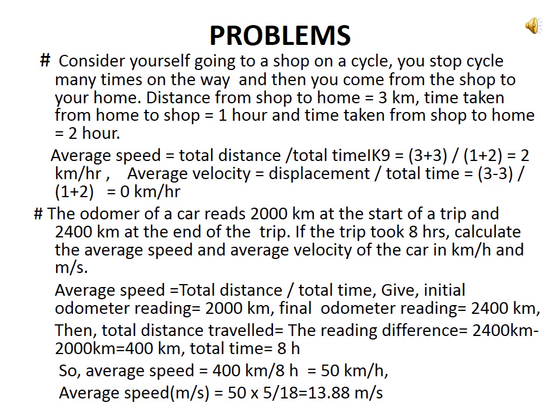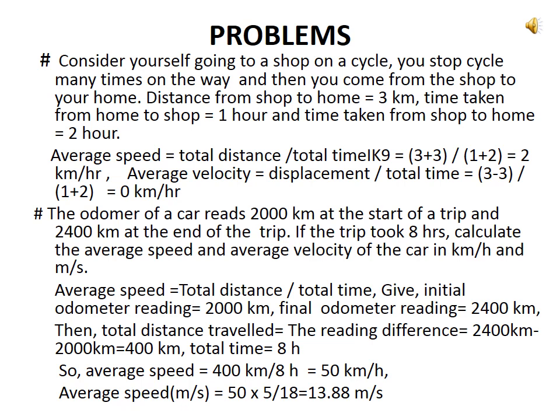Here we know average speed is equal to total distance divided by total time. Given initial odometer reading is 2000 km and final odometer reading is 2400 km. Then total distance traveled is final reading minus initial reading, 2400 km minus 2000 km, which is 400 km. Total time is 8 hours.